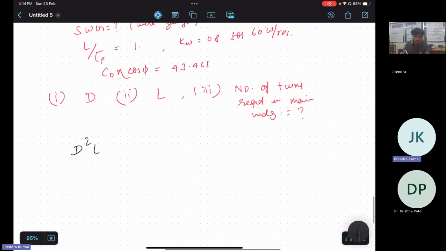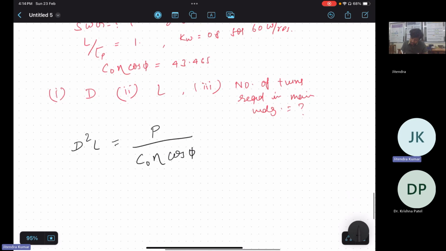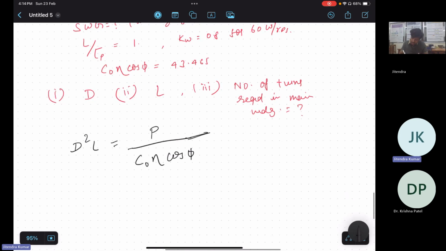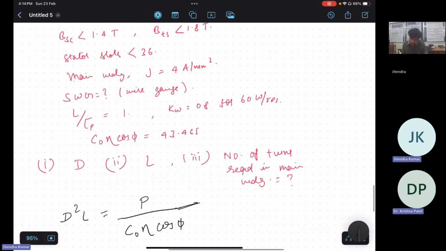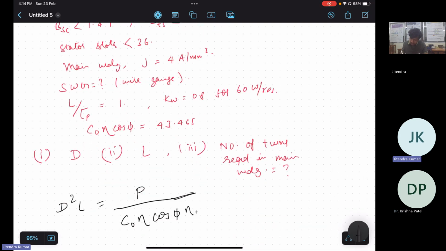D square L is nothing but power divided by C naught, efficiency, cos phi, into RPS, isn't it? Yes, sir.